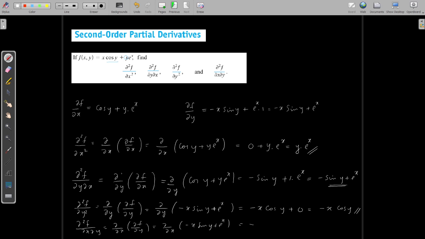Then y is a constant, so minus sin y is a constant, and the derivative of x is 1, so this times 1, plus the derivative of e raised to x, which is e raised to x itself. So this will give minus sin y plus e raised to x. This is the second order partial derivative of f with respect to x and y. So these are the four second order partial derivatives of this f of xy.